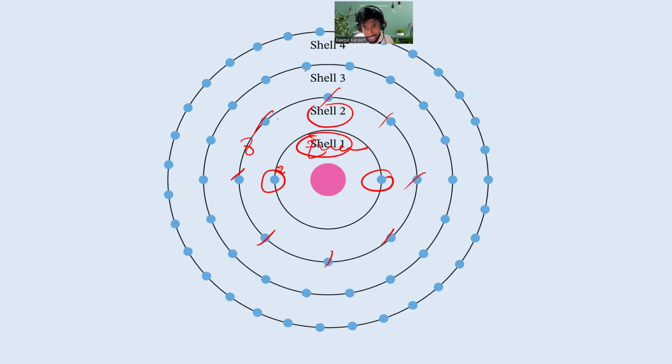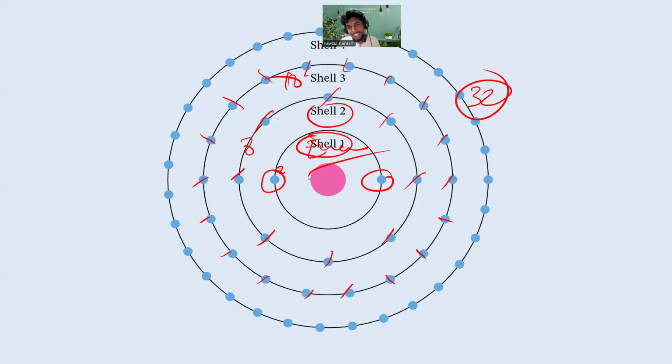And the third energy level, we have 18. And the fourth energy level, we have 32. If you count, you'll get 32 electrons. It will take time to count. So that's all about the Bohr model.